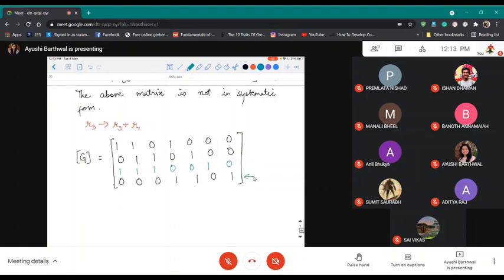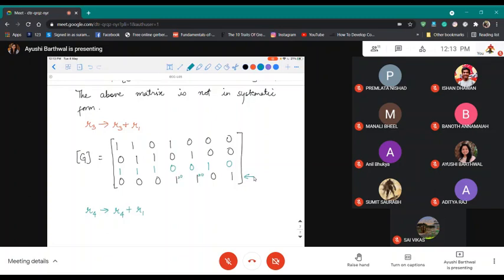Now if I want to change R4, I add R4 with R4 plus R1, since I have to change these two terms to 0.